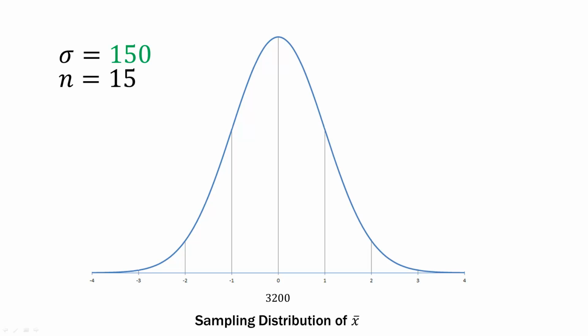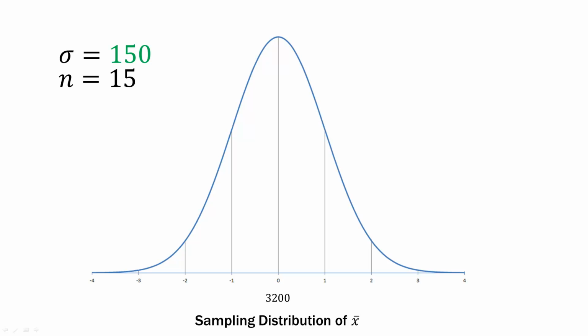Now in all of our cases, our population standard deviation, sigma, there at the top, is 150. That will not change as we do the standard errors of the mean, because that's part of the population distribution. Now the sample size n will be changing, because we're going to look at what happens to this distribution as the sample size changes.